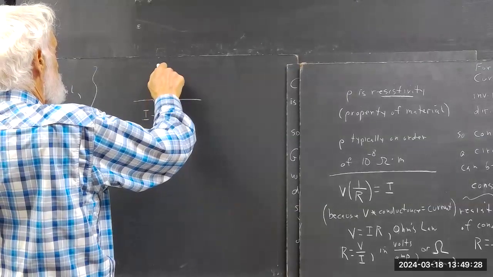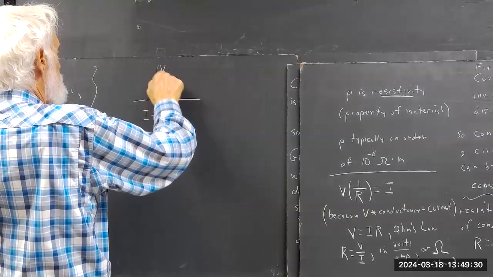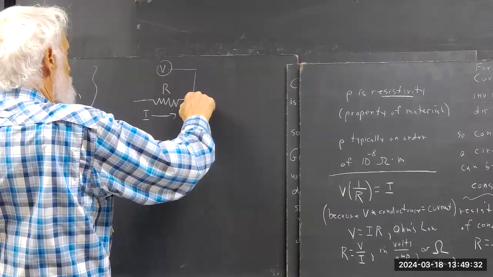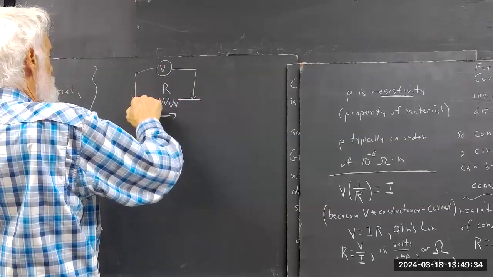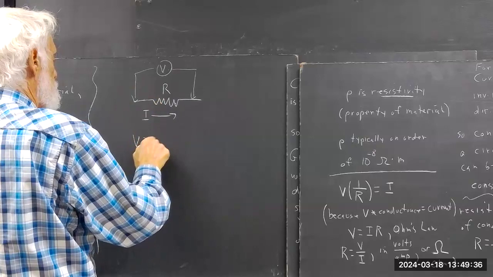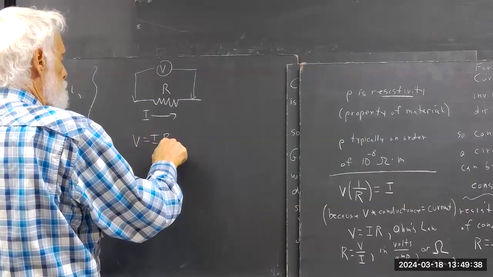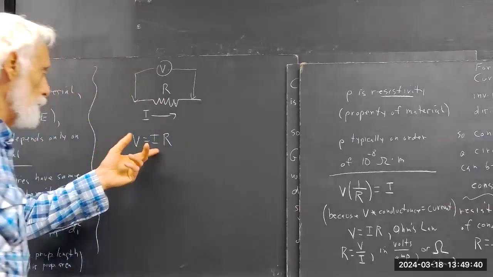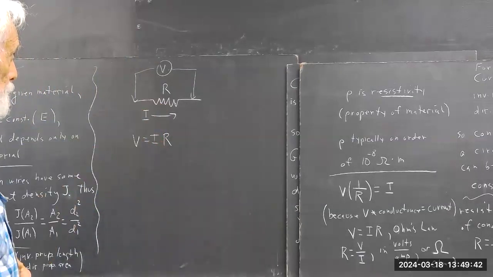Then your voltage will be the product of your current and resistance.